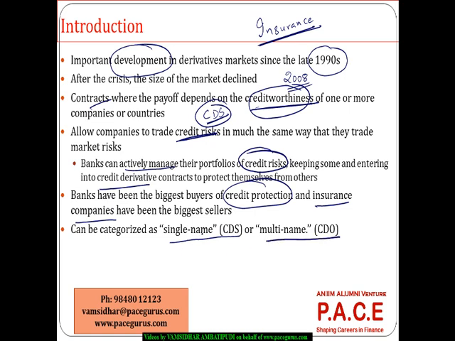One is the single-name category, where the credit default swap is the most powerful instrument, and the other is the multi-name category, where collateralized debt obligations, CDOs, are one of the most powerful instruments. We'll try to have a good understanding of these two types of instruments as we focus more on credit derivatives.